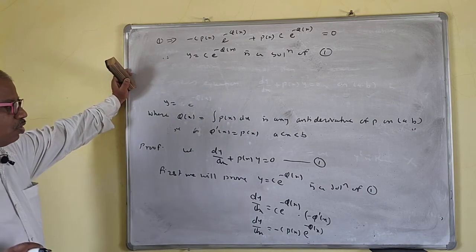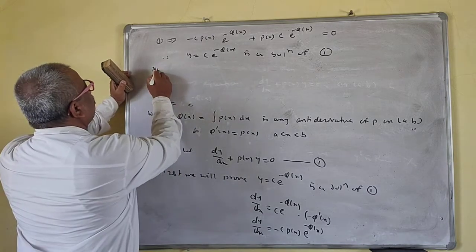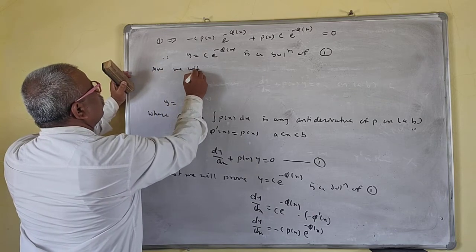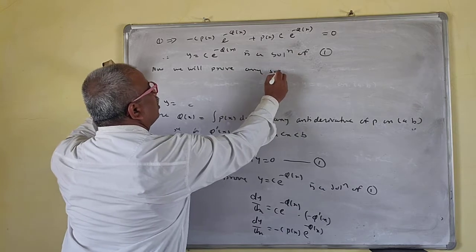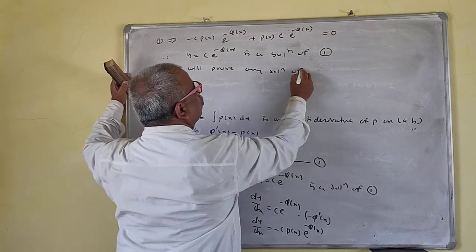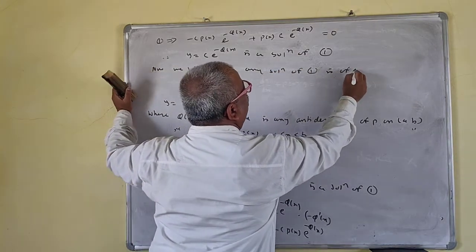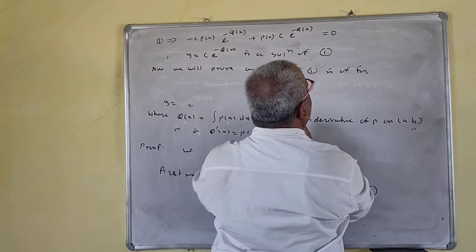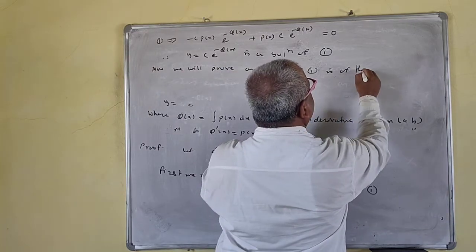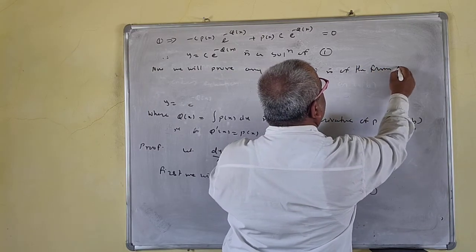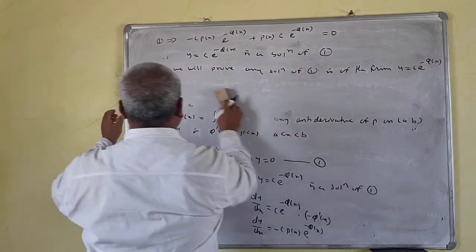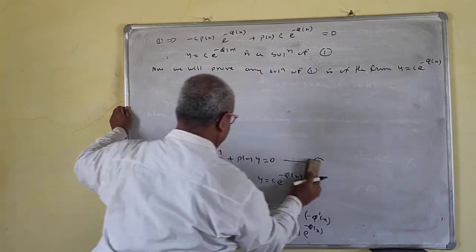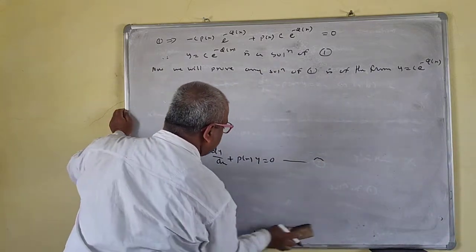What do we have to prove? Any solution of 1 is of the form y is equal to c e raised to minus phi of x. This will be true.